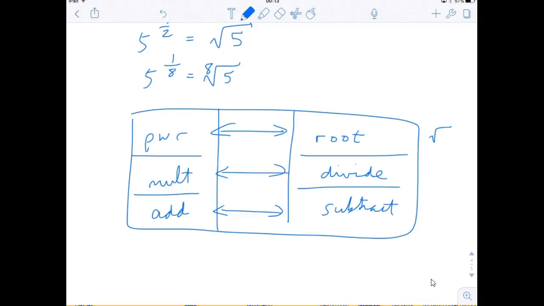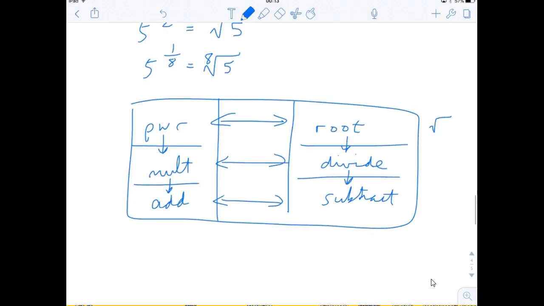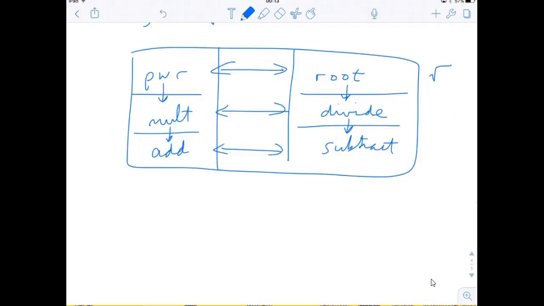Okay? Basically what you're going to do with this is every time you see power, you're going to think, okay, that's going to be multiplication. Every time you see multiplication, you say, okay, that's going to become add, and so on. Okay? And let's show you how that works. It may not make much sense yet. Okay?